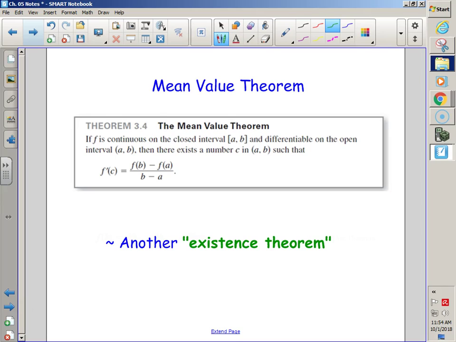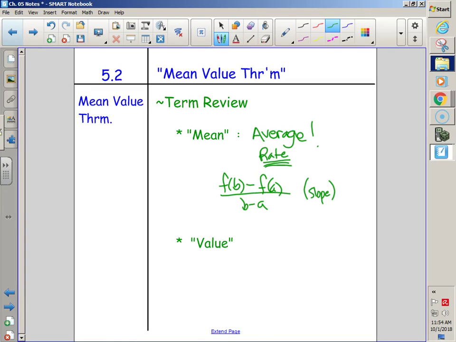Careful, c is not equaling the mean. The c is the at, right? We could say the value of the derivative at. Remember, c is our x value. C is our x value.